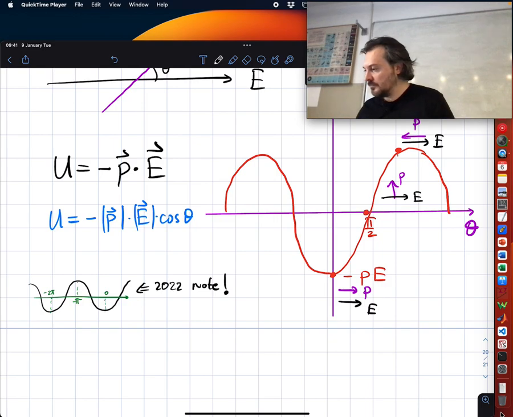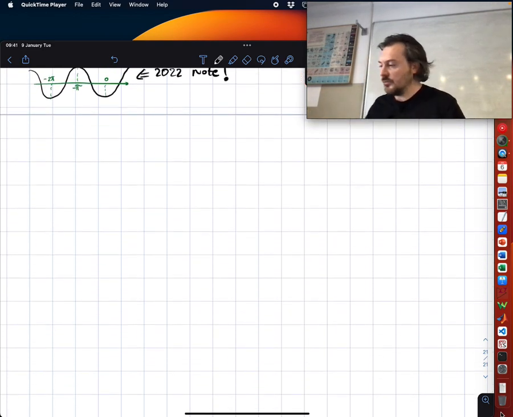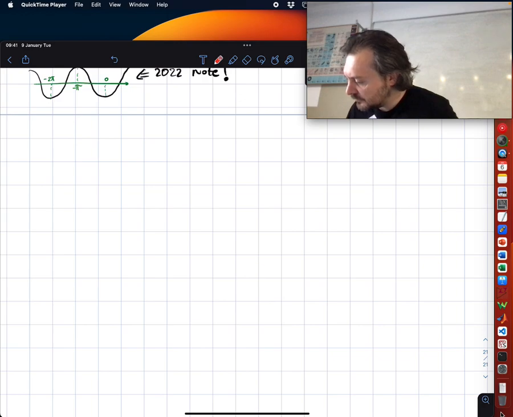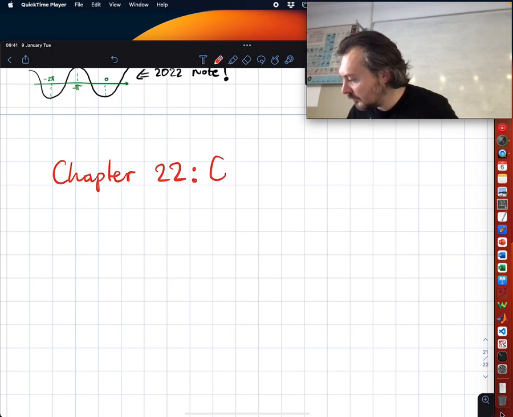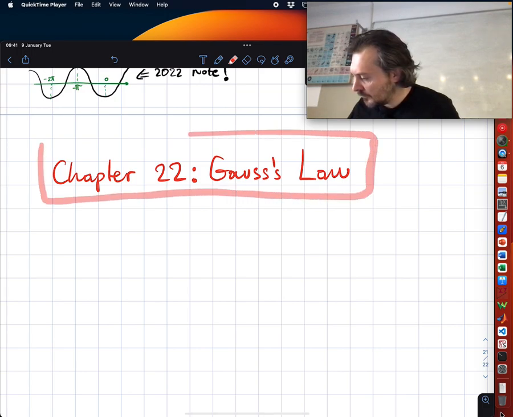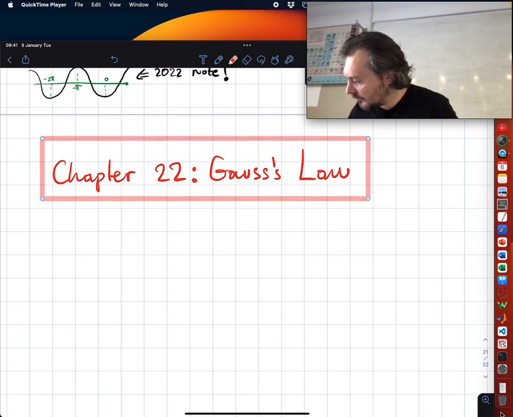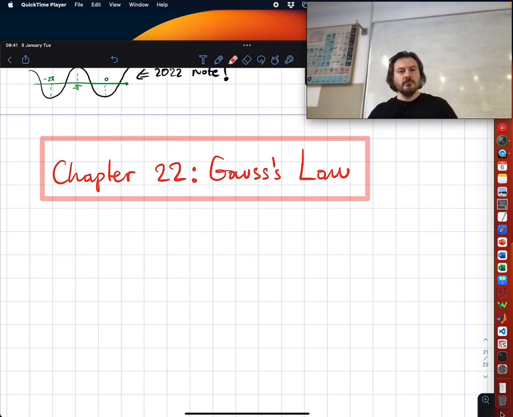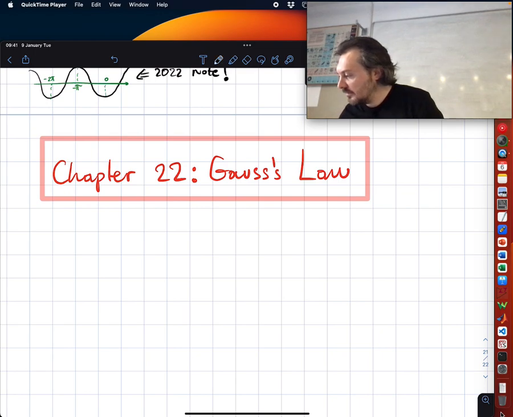Gauss's law. We start a new chapter. Imagine Gauss's law is a computer and the password to enter is symmetry, okay?